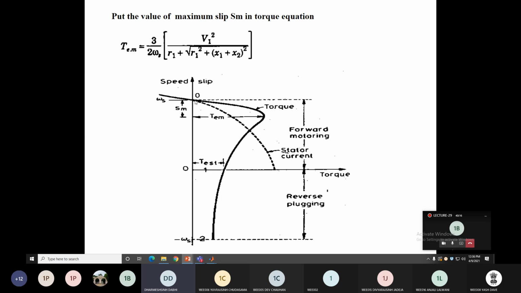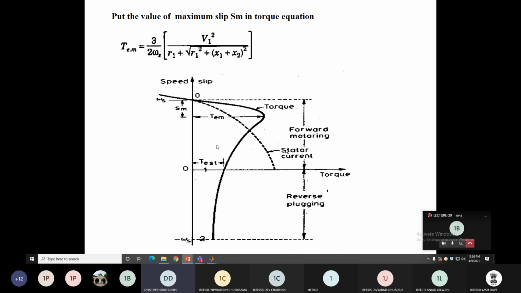Clear? So this is the torque speed characteristic in the forward motoring mode, and this is the characteristic in the third quadrant when reverse motoring happens, which means reverse plugging. In this case, the torque reduces as the motor gains speed in the reverse direction.